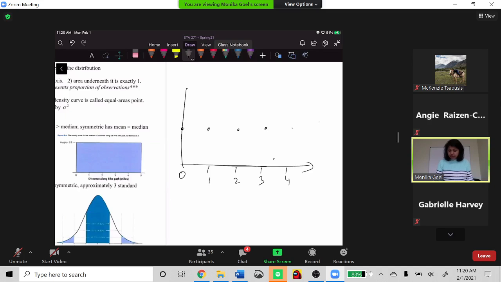I don't know what that is, but this is given to me. When I make this density curve, this is uniform at all the points and it is taking a shape of a rectangle. So when it is taking a rectangular shape, that is called your uniform density curve.